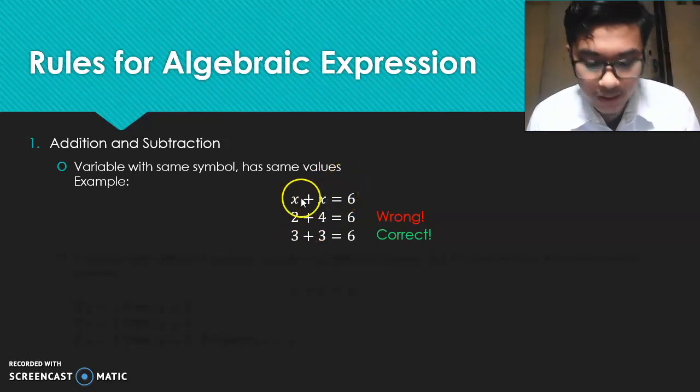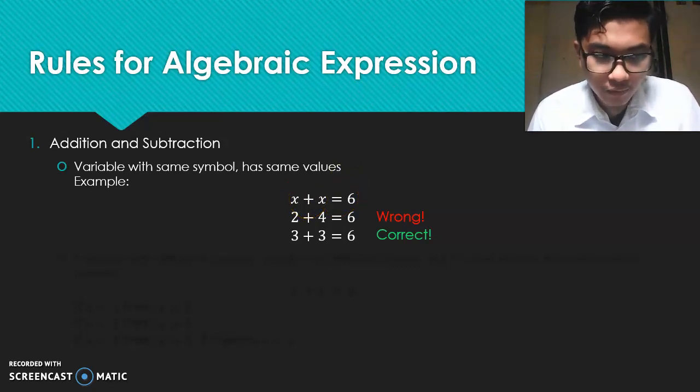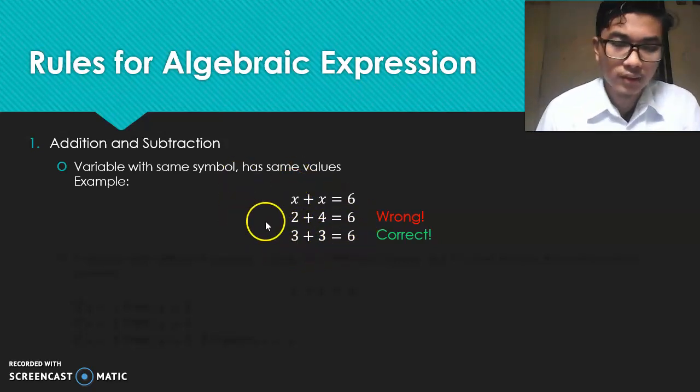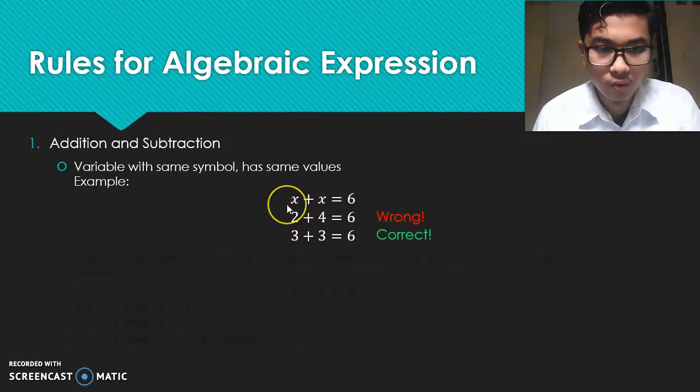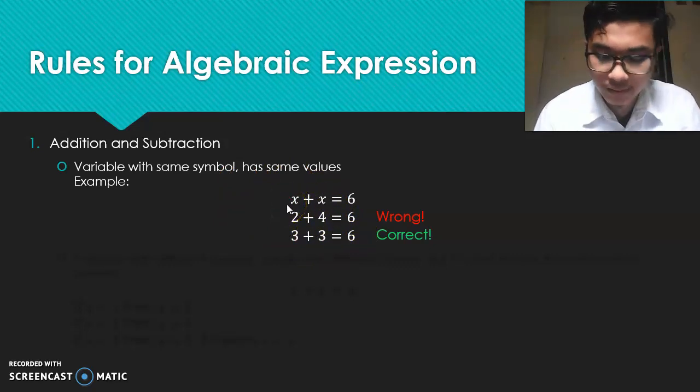So we need constancy: every x always has the same value. Like this, the correct one is 3 plus 3, so x equals 3. So this is wrong, okay? Variables with the same symbol have the same values.